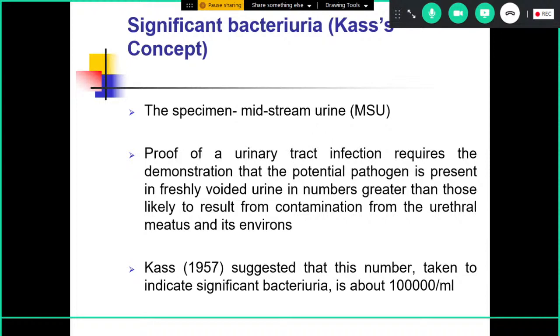One more thing that is important to understand is the significant bacteria, which is a Kass concept. Kass in 1957 suggested that this number be taken as 10 power 5 bacteria per ml. So the proof that urinary tract infection requires the demonstration that the potential pathogen is present in the voided urine in numbers greater than those likely to result from contamination from the urethral meatus and its environs.